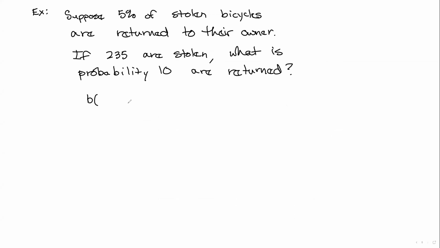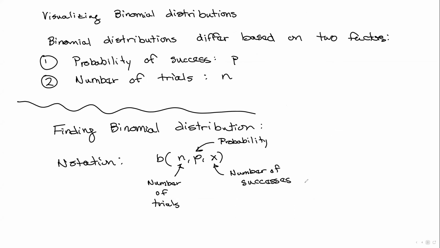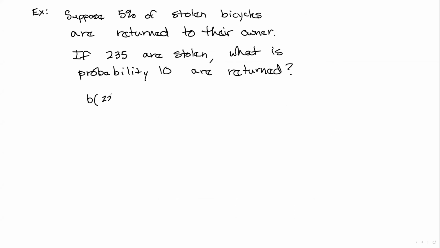So we'd have B, and then I think N is first, right? So it goes N, P, X. N is 235, P is 5%, so 0.05, and then the number of successes we were interested in was 10. Okay, so that's what we entered. Let's look at another example.